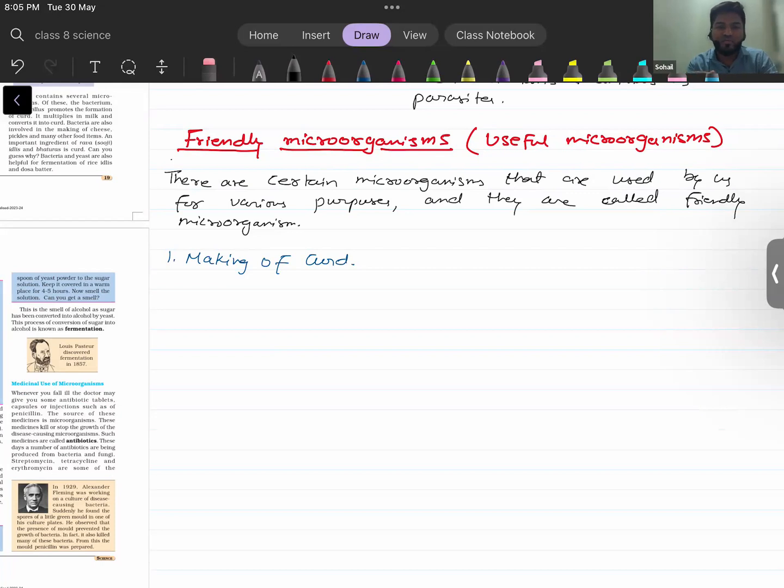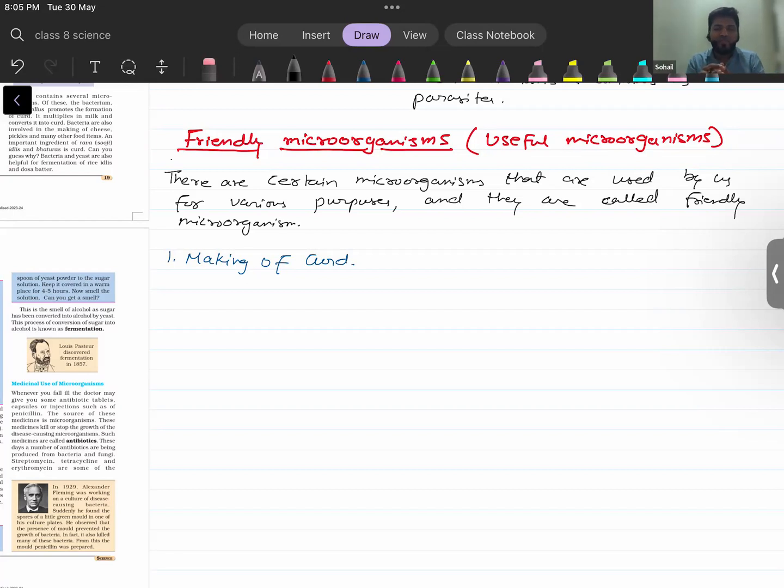If your mother ever made curd at home, you must have seen that a little amount of pre-made curd is added to the milk, and it is set aside undisturbed overnight.